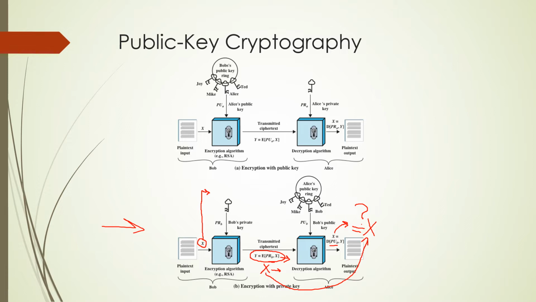So what Bob does is he applies a crypto hash function like one of those SHA hash functions on X, and then the resulting message digest, lowercase x, will be used for the digital signature. And basically Y would be the encrypted message digest, not encrypted X.